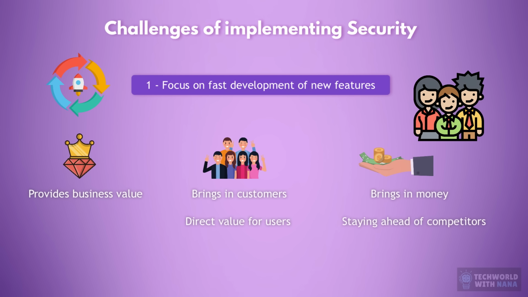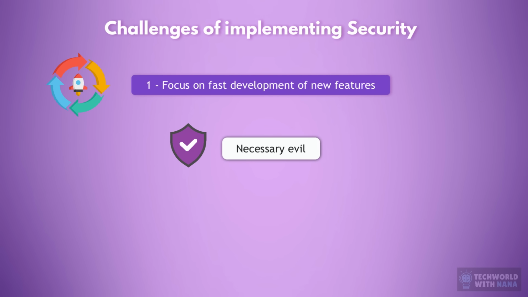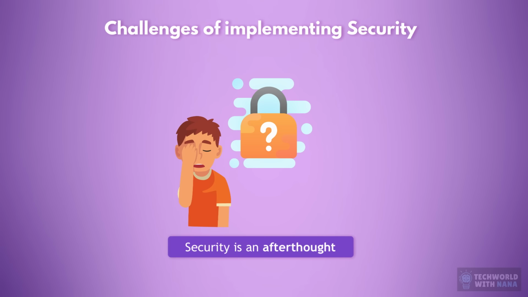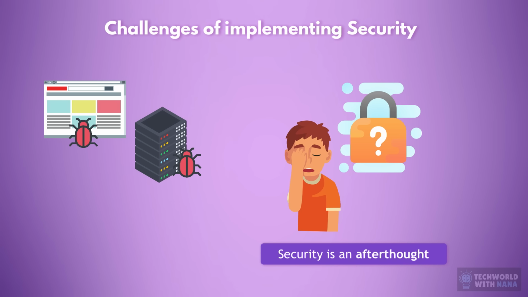And very simply, that's what brings in money for the business. So security is like a necessary evil. You don't get so much reward and pat on the back for implementing great security, but if a security incident happens, you get real punishment. So security stays an afterthought in application development or even the infrastructure configuration process.